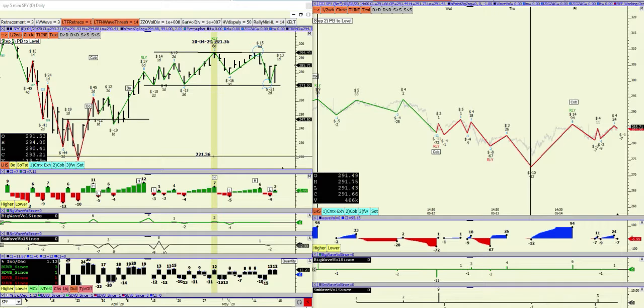Up waves should be bigger, have more volume, have more time than the down waves. Price, volume, and time factors should be more on the up waves than the down waves. If those factors start changing, then there's a problem, and you've got to be on guard for a change.